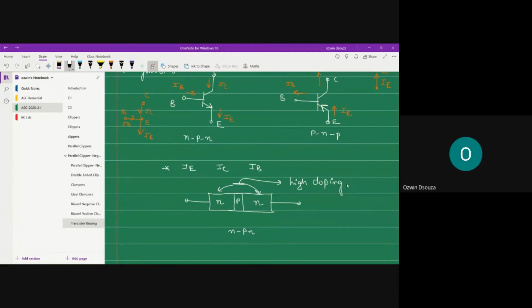Doping is a process in which impurities are added to the semiconductor in order to enhance the conducting properties. So the doping level in the outer two layers is very high compared to the middle layer.